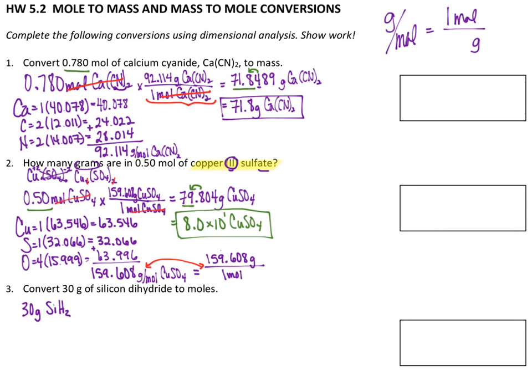Now that's my given, and I want to end up with moles. Since I want to end up with moles, I know that my grams will go in my denominator. Molar mass means that 1 mole of silicon dihydrate will be equal to a certain amount of grams of silicon and hydrogen. My formula only has 1 silicon, and the mass of that is 28.086. I have 2 hydrogens, each one has a mass of 1.008.